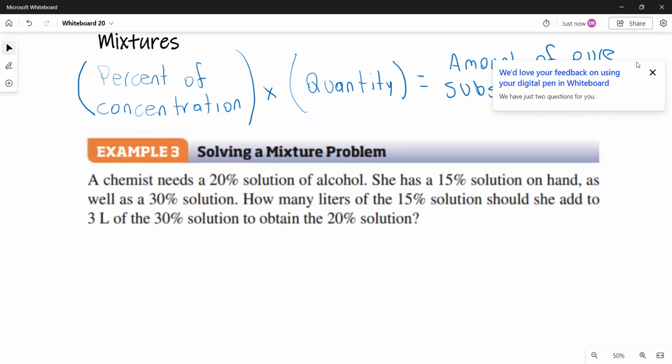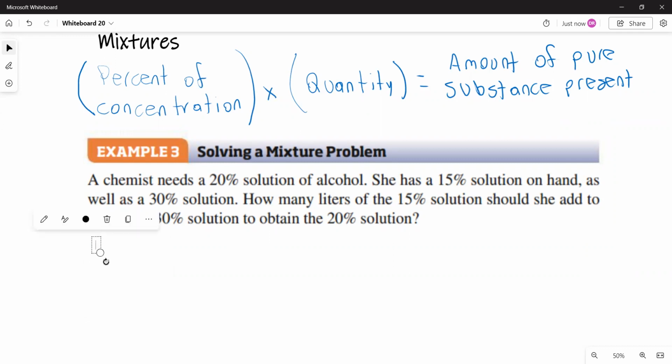She has a 15% solution on hand, as well as a 30% solution. So she's going to add the 15% solution into the 30% solution to get a 20% solution. So question, how many liters of the 15% solution should she add to 3 liters of the 30% solution to obtain the 20% solution?